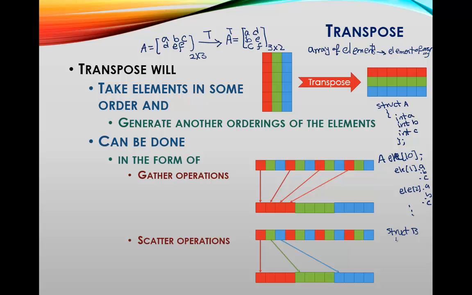As opposed to if you create a structure B, which will have like 10 A's and then 10 B's and 10 C's, right? So in this second case, when you define just one B, then you'll have 10 elements in it.